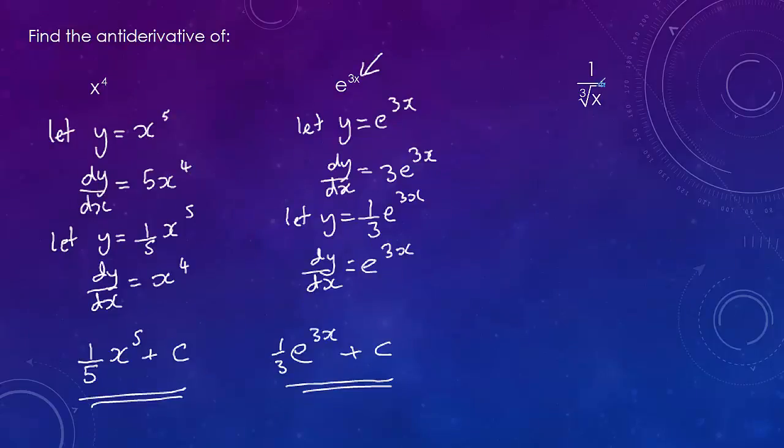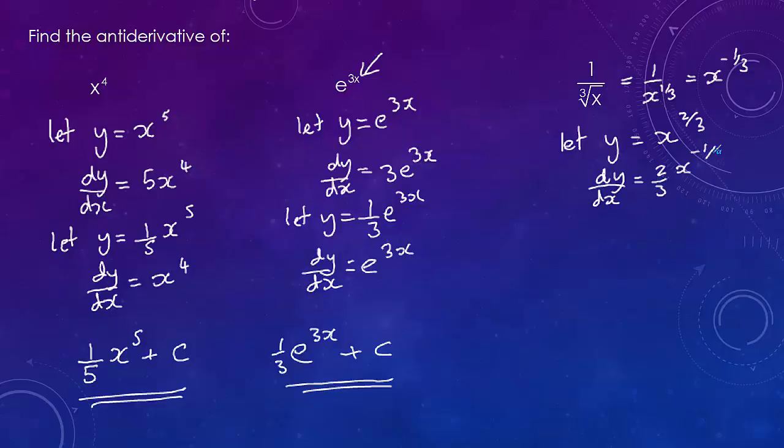So finally we've got 1 over the cube root of x, which remember is 1 over x to the 1/3, which is x to the negative 1/3. So let's let y be equal to x to the 2/3. Then dy/dx is going to be 2/3 of x to the negative 1/3, which is not quite what we want.